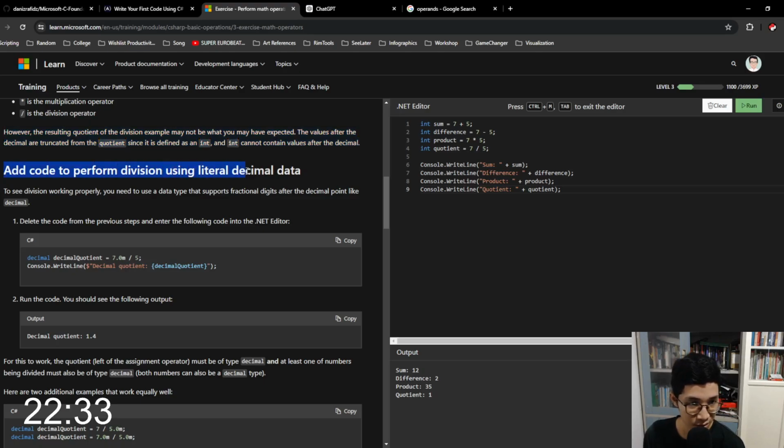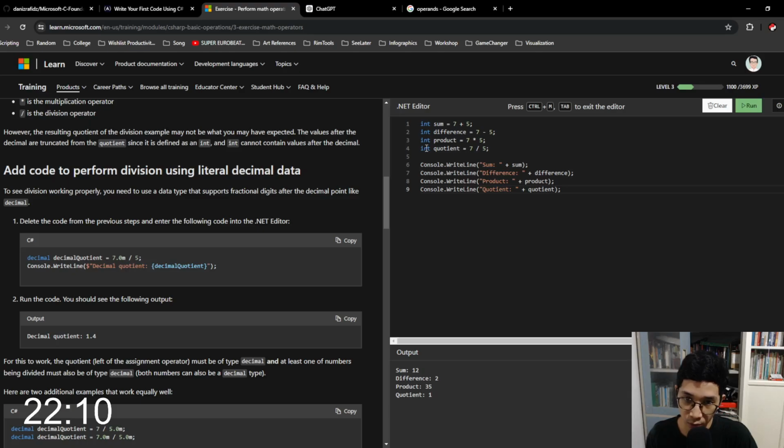Okay, let's just continue to the next section. Add code to perform division using literal decimal data. To see division working properly, you need to use a data type that supports fractional digits after the decimal point, like decimal.